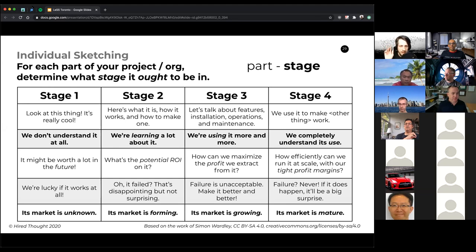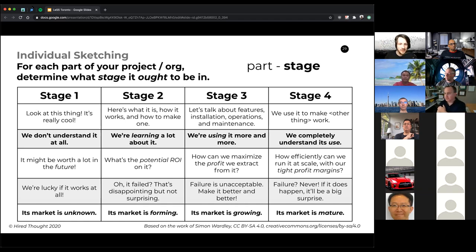Does everyone have at least a couple parts categorized? Okay. Perfection, again, is not the object. If you have at least a couple of these parts with a number next to them, you have succeeded.